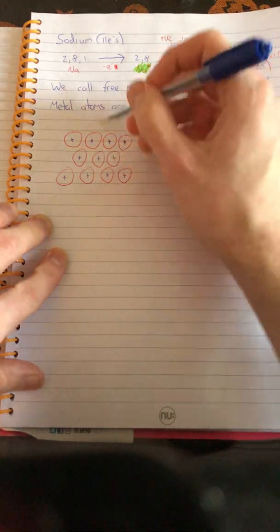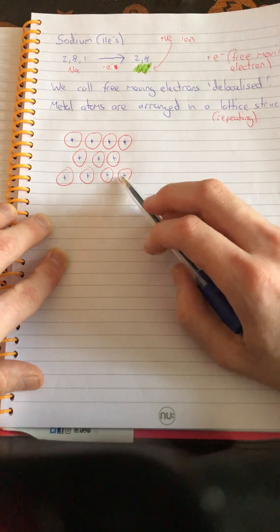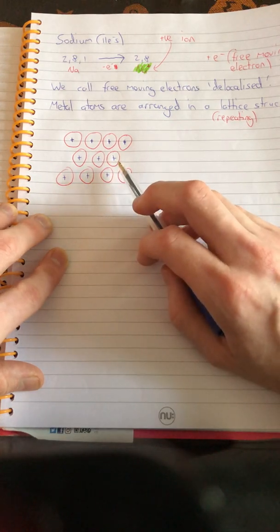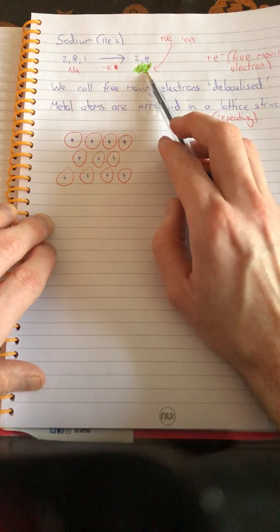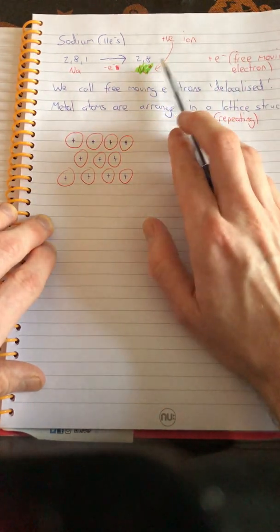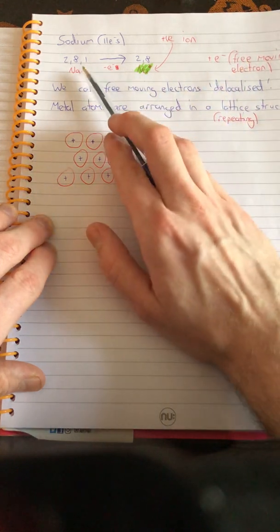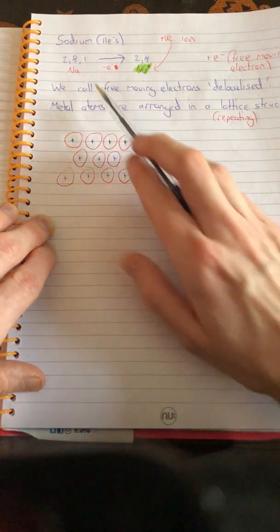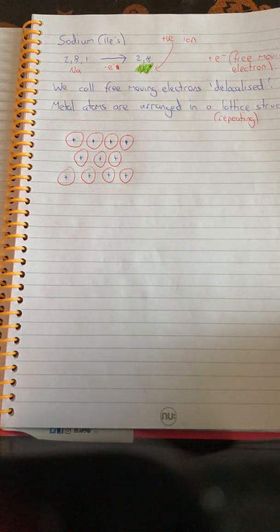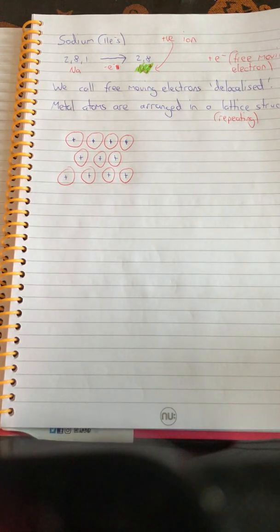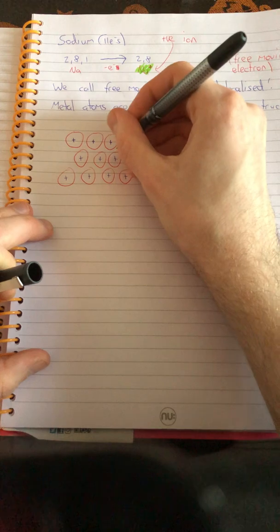Okay, so that tells us all these ions here are positive. Yeah? Now, for every atom that's lost an electron, we've got 1 free moving electron. So if we've got 11 atoms here, 11 atoms have lost 11 electrons essentially.